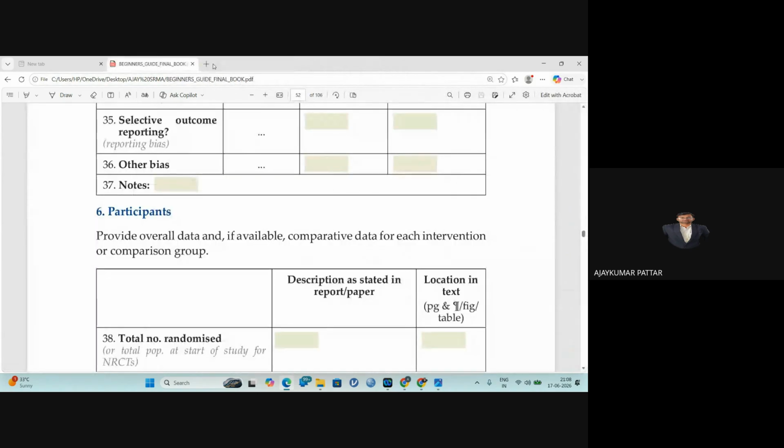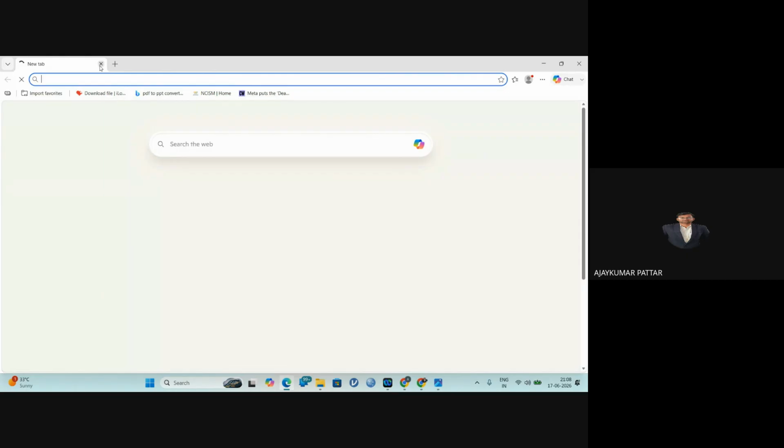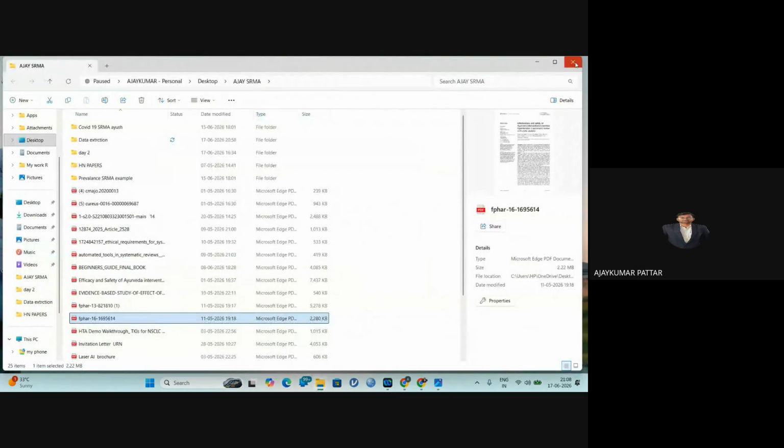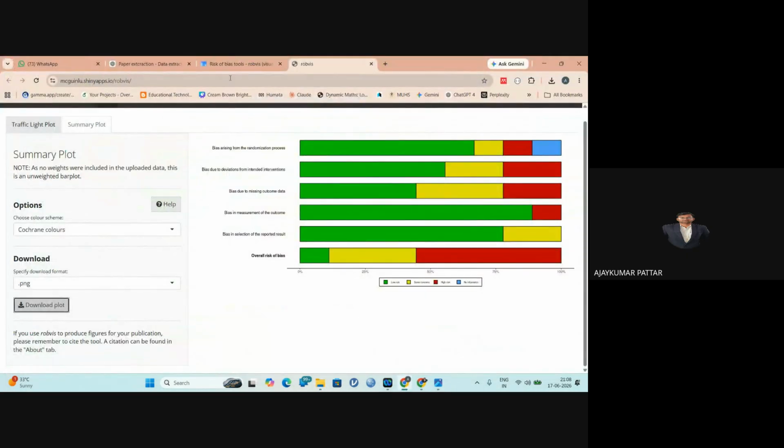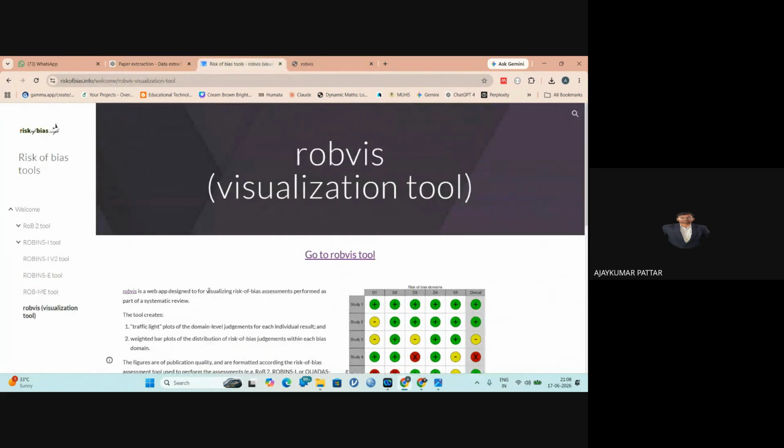So this is about risk of bias, data extraction, and the concept of systematic review and meta-analysis. I hope I have made this concept clearer, and we did it practically also, because this is most needed. I am not covering all the other things, only the essential practical part in this workshop.